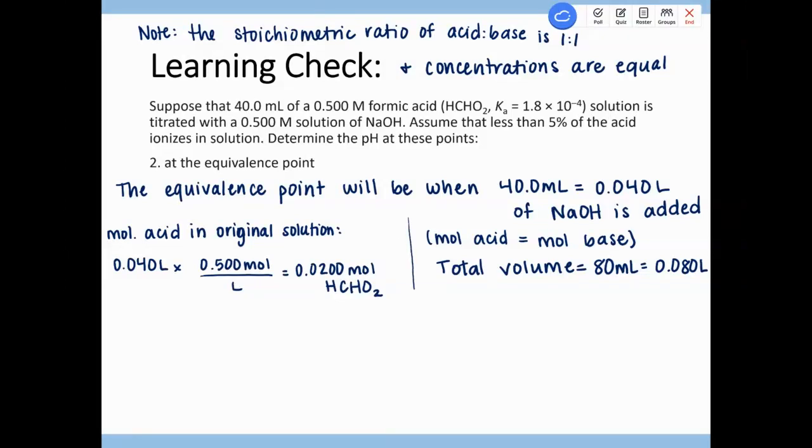I'll draw a line here to separate. Okay, so in that solution that is being analyzed by adding the titrant, there are 0.02 moles of formic acid. As the strong base is added and when the equivalence point is reached, all of that converts to the conjugate base.